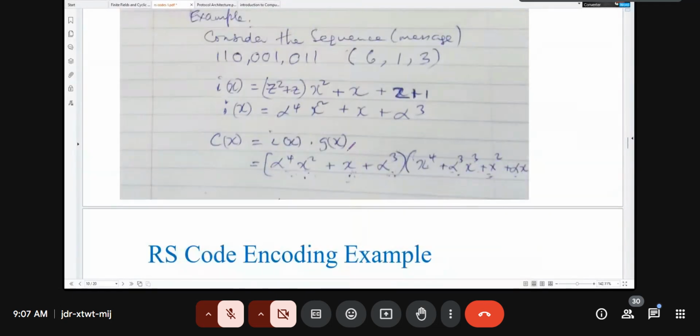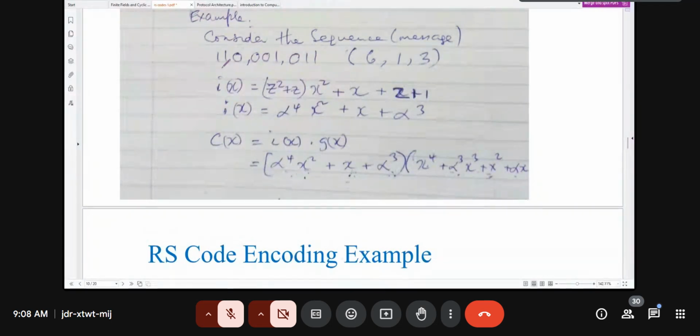Let's look at this case. You have a sequence 110 001 011. This is a message; I mean, this sequence is what you transmit.